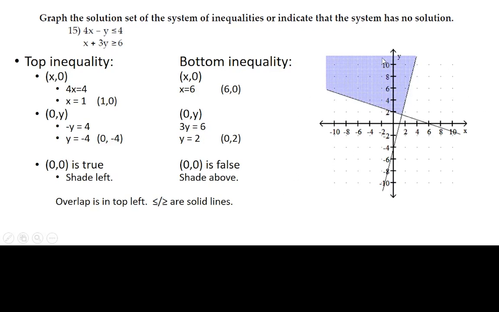All of the left is shaded. That's going to overlap in the top left. So this region, just the top left, where the 2 sets of shading is overlapped, is our solution. And that's exam 3.